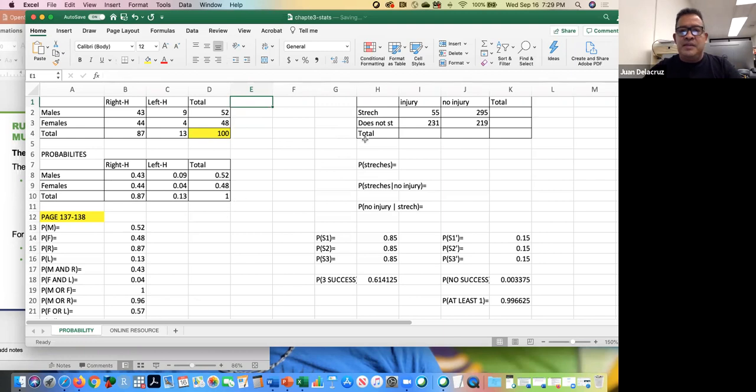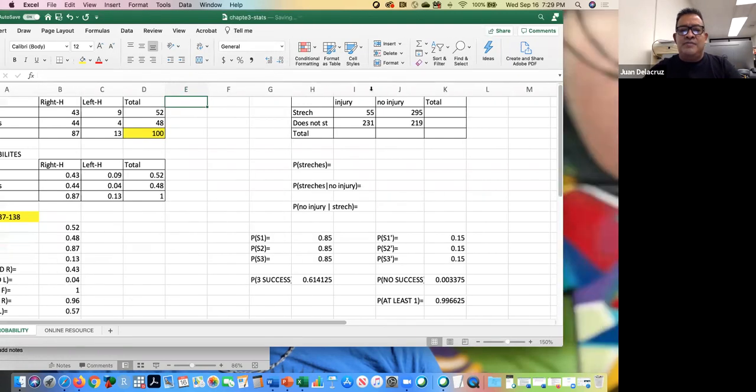Here you can fill out these blanks and answer the probability that the person stretches. Of course, it is the total of stretches divided by the sample size, the probability of stretching given that the person has no injury, and the opposite, the probability that the person has no injury given that she stretches.